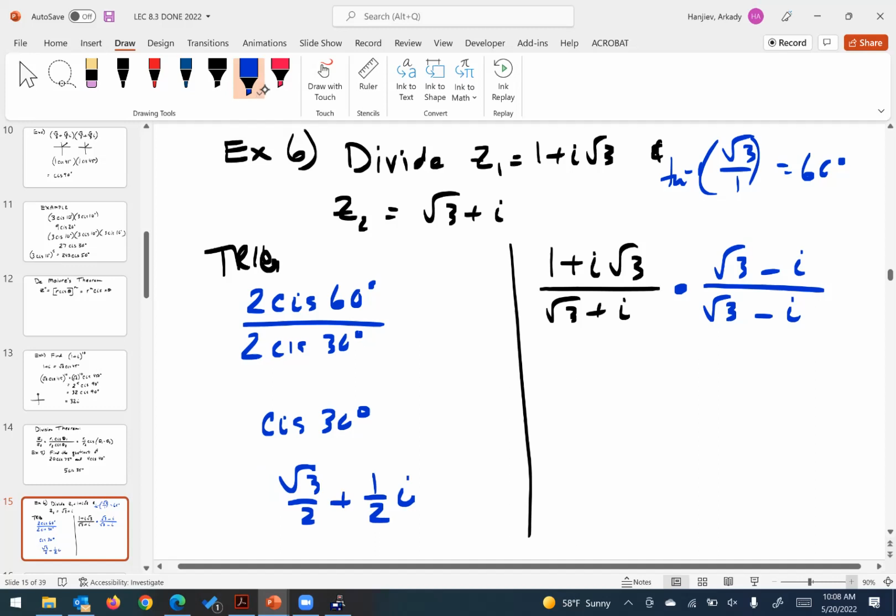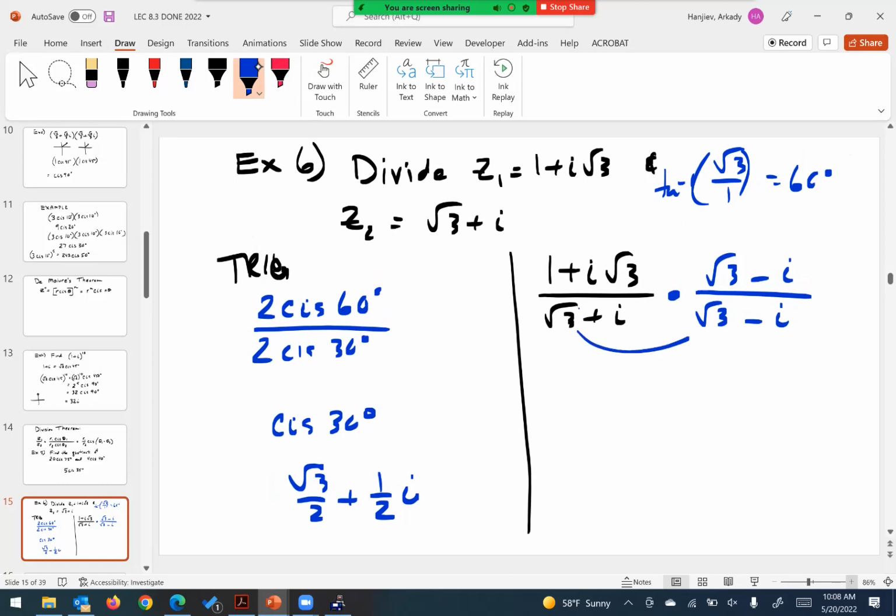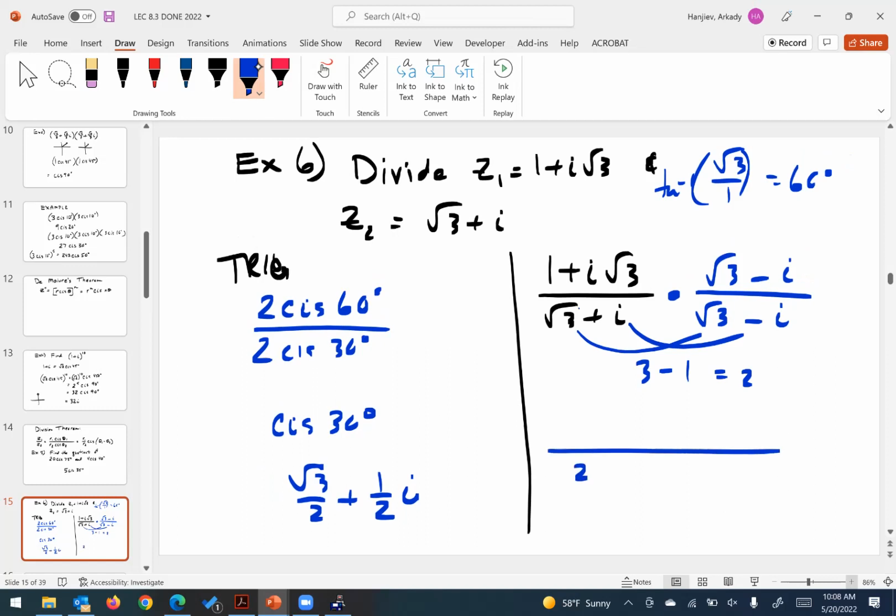This one, I don't want to do it that way. Okay, let's go with this one here. This is going to be 3, and 3 minus 1 makes a 2. Now I know where the 2 comes from. So 2 is on the bottom.